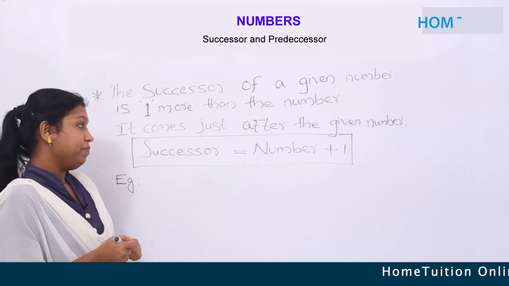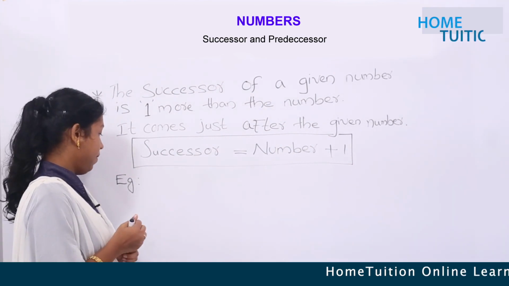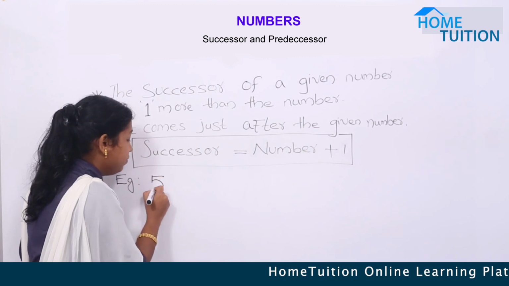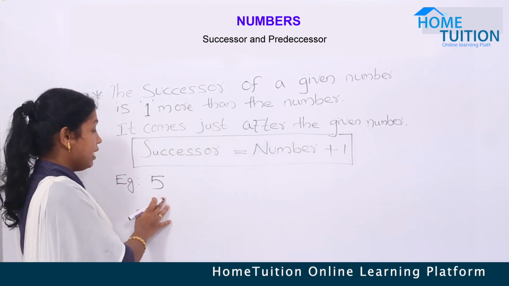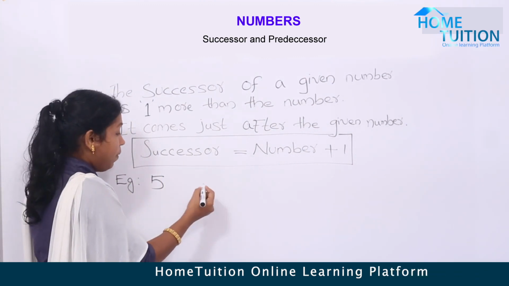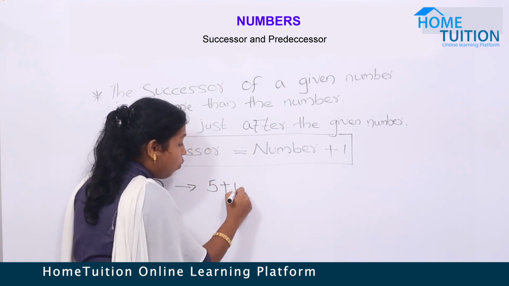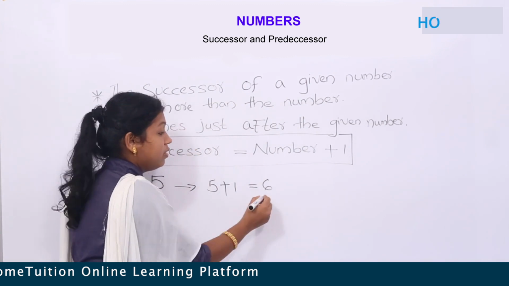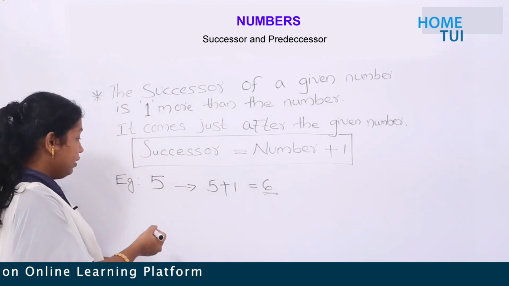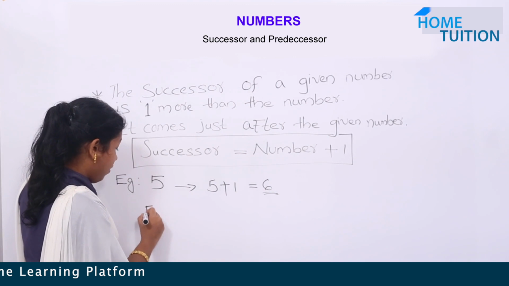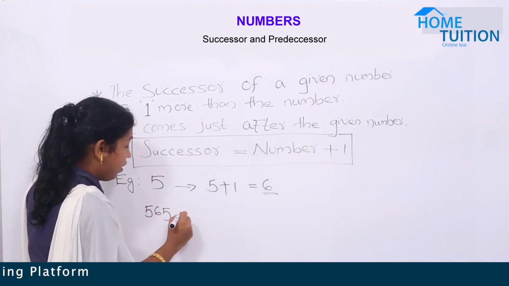So, for example, the given number is 5. Then the successor of 5 is 5 plus 1, which equals 6. Then the number 565.